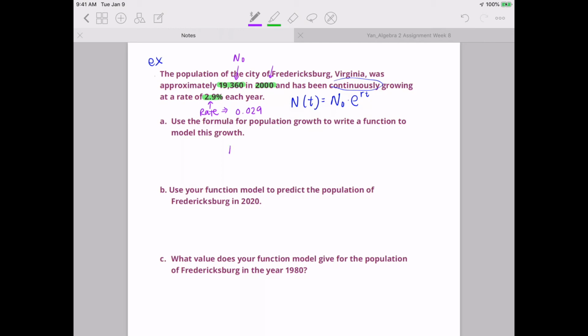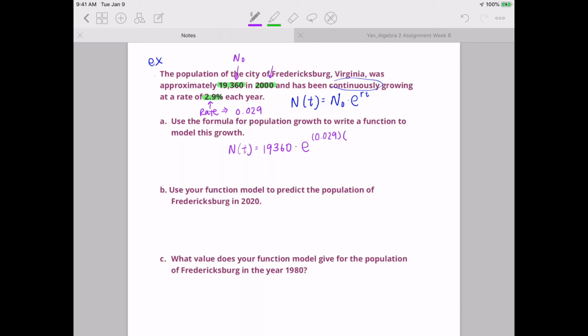We got N of t equals 19,360 times e to the rate, which is 0.029.